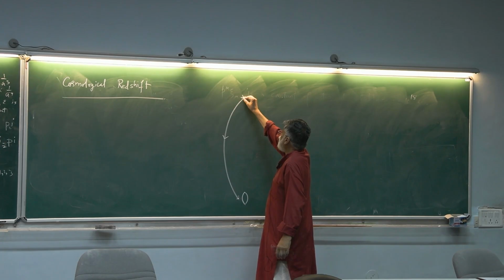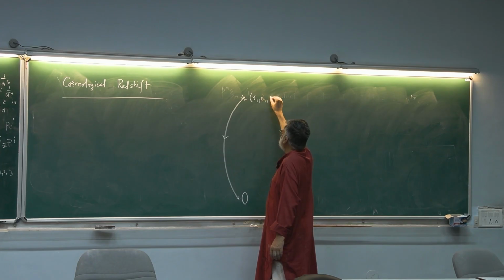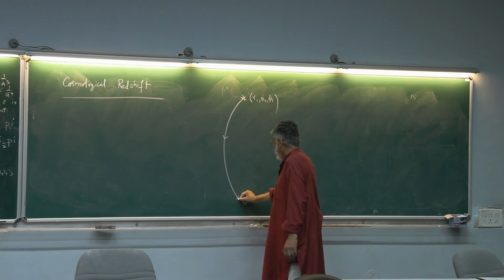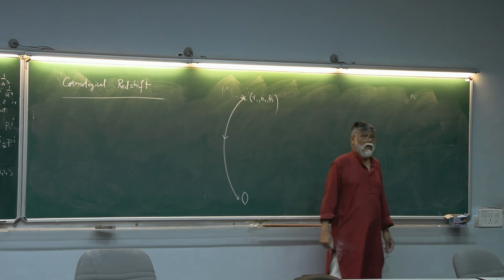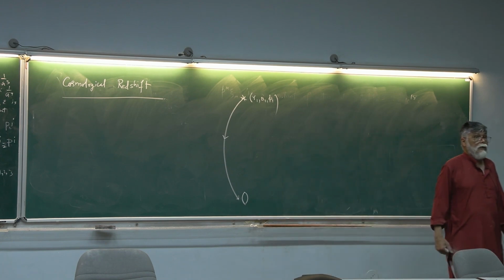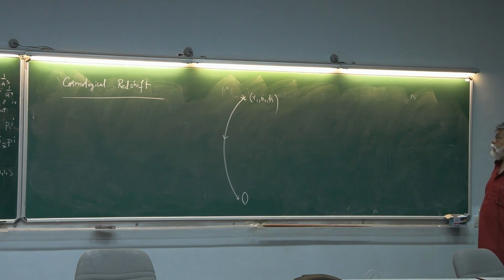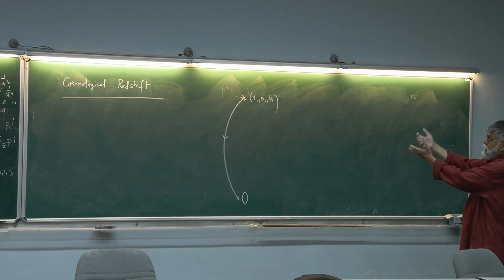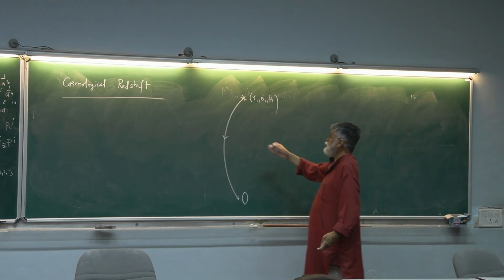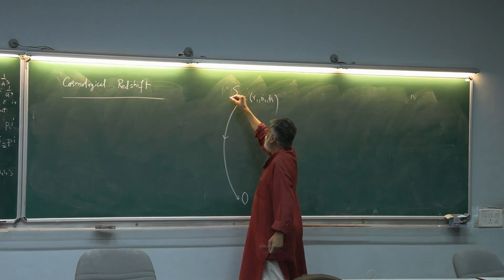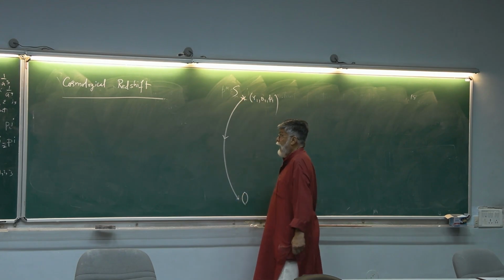So the cosmic source, let's say its Robertson-Walker coordinates are r1, θ1, φ1. The observer by definition is the origin, r is 0. Now, all we see is radiation coming from the cosmic source, call the source S, and it's coming to me. And what is the interpretation?